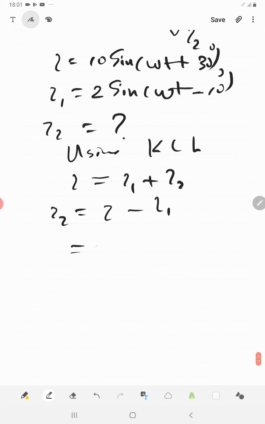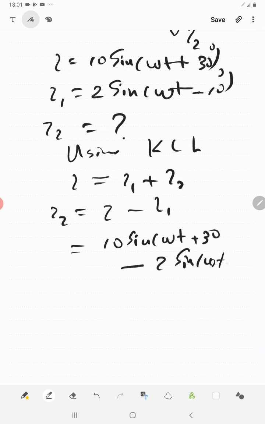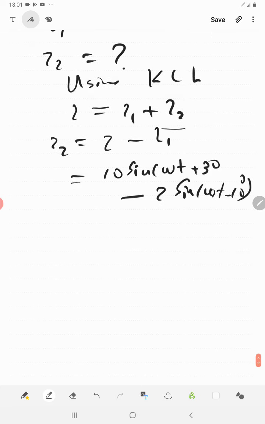Now I is 10 sine omega t plus 30 minus I1, which is 2 sine omega t minus 10 degrees. How do we do that? Simply, I2 equals I minus I1.